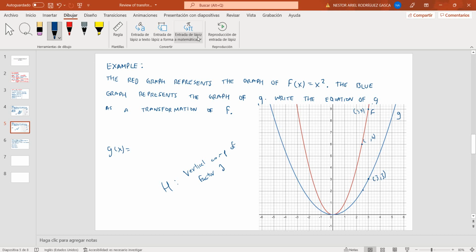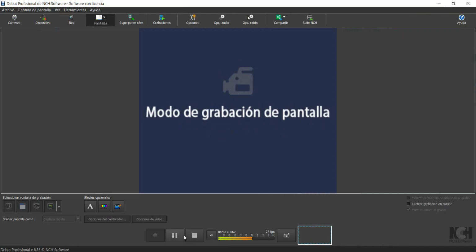So once again, since I can't remember what this example was, I'm sorry. Let me make a pause, because I don't want you to lose time here looking at me trying to find the answer for this one. Let me make a pause and then solve it, and then I'll be back with you.